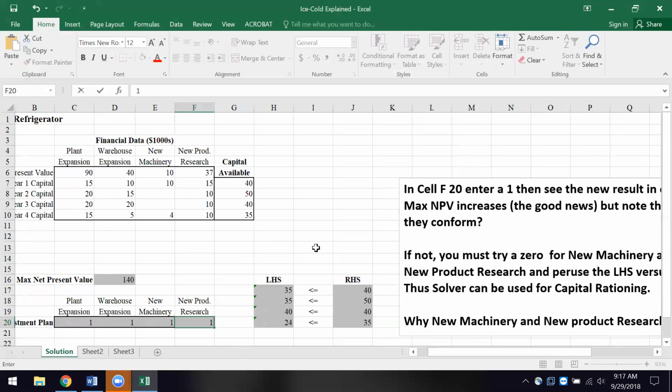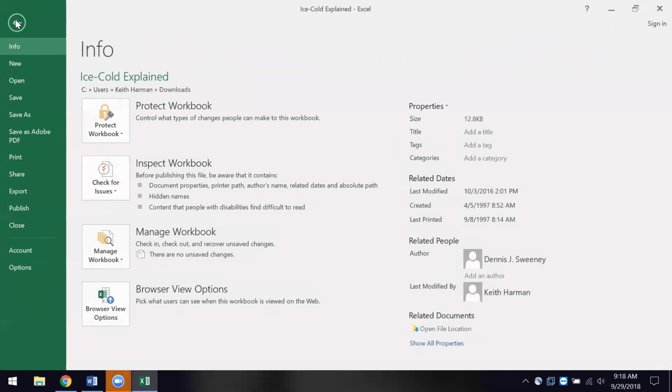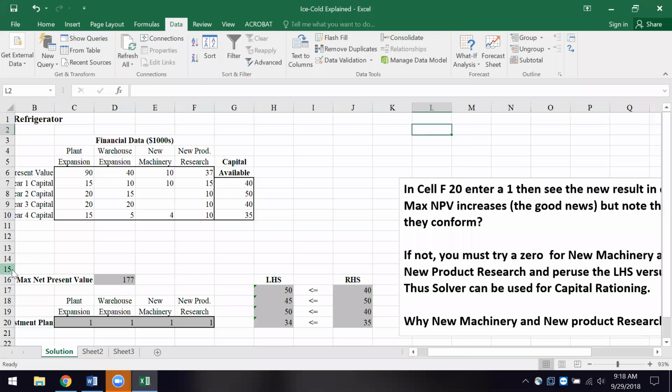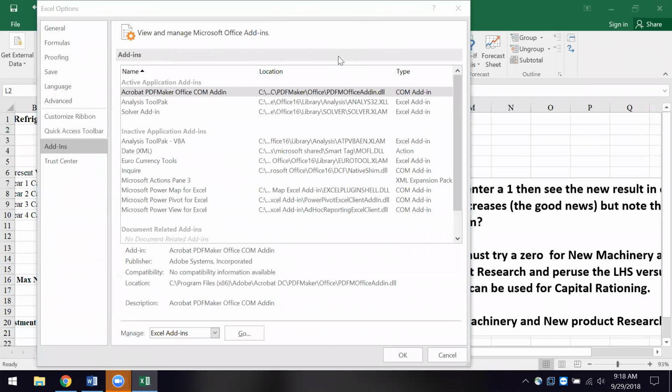And I'll go up here. I'll click data. And let's see if I have to add solver and the analysis tool package. Probably will. So I'll do the add-ins. I've got the solver add-in, okay.